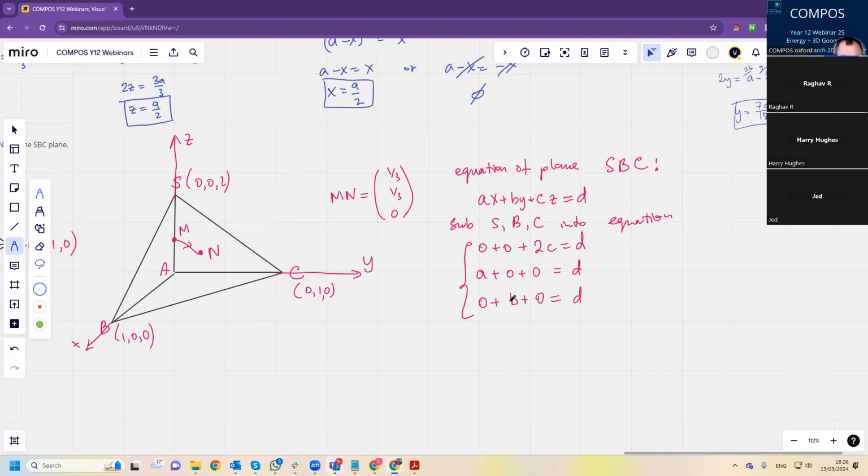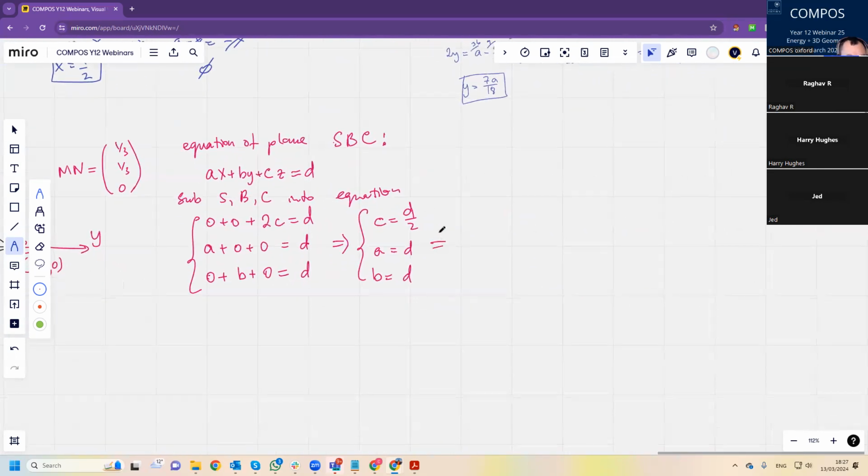So from here, we can see that c is equal to d over 2, a is equal to d, and b is equal to d. Substitute that back into the equation: dx plus dy plus d over 2 z equals d. Divide both sides by d, and we get x plus y plus z over 2 equals 1. And that's the equation of the plane.